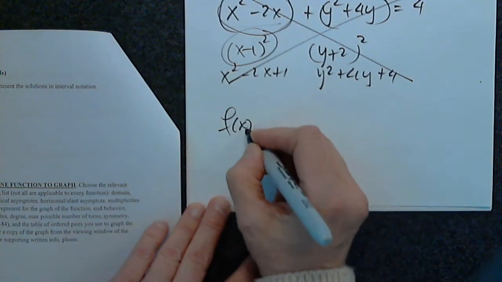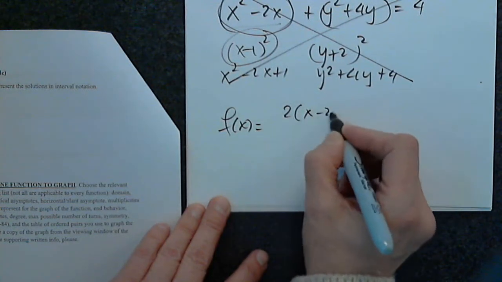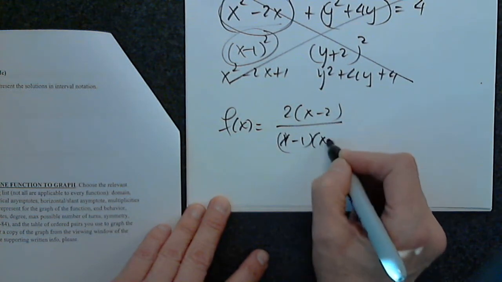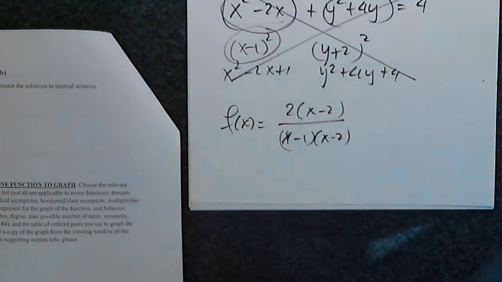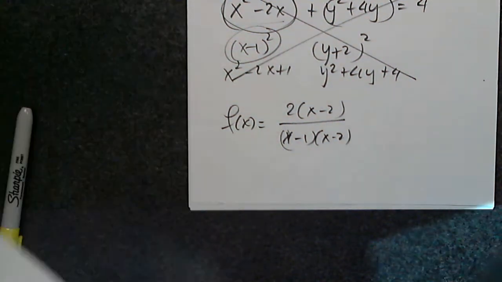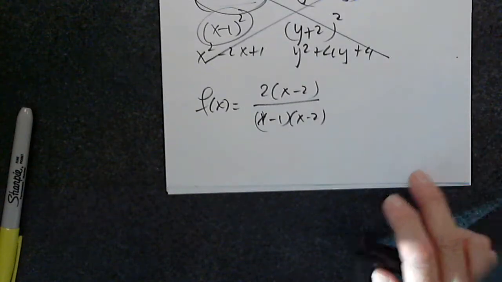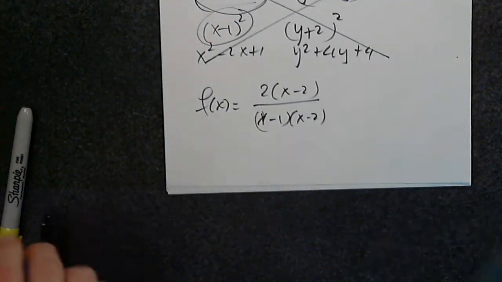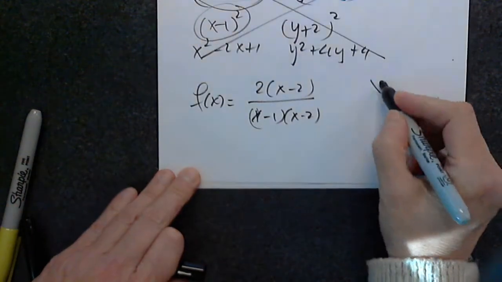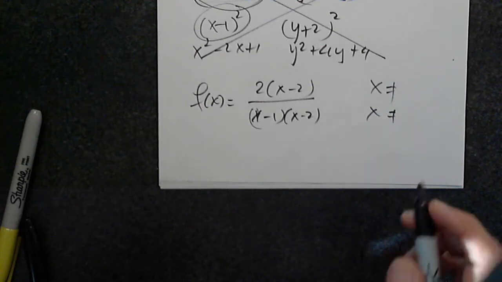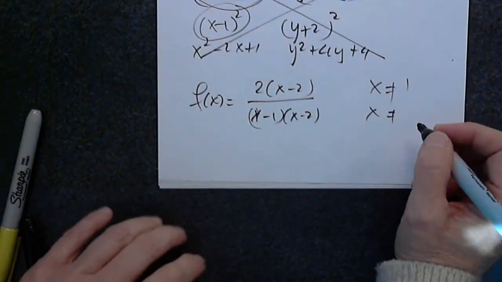Okay, so we have f of x equals 2(x minus 2) over (x minus 1)(x minus 2). When I see a rational function, my first thought is to completely factor it, see what's happening, and state a domain. Obviously the domain is x not equal to 1 and 2.